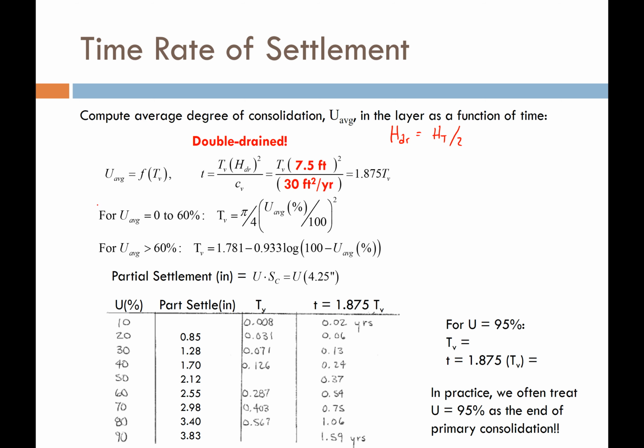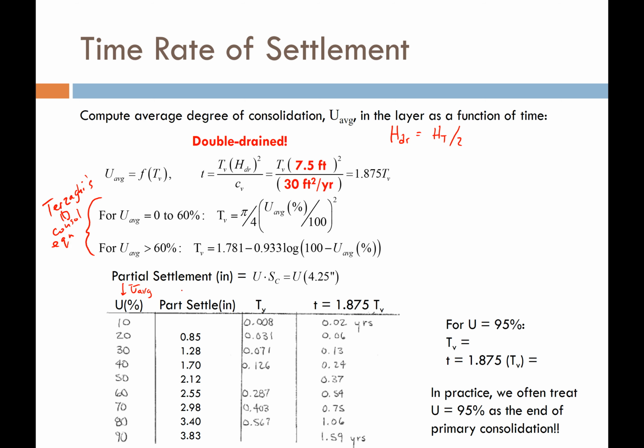So here are our equations from Terzaghi's 1D consolidation equation. And all we're going to do is use these two equations to fill in this table, where this is U average, the average degree of consolidation for the soil.